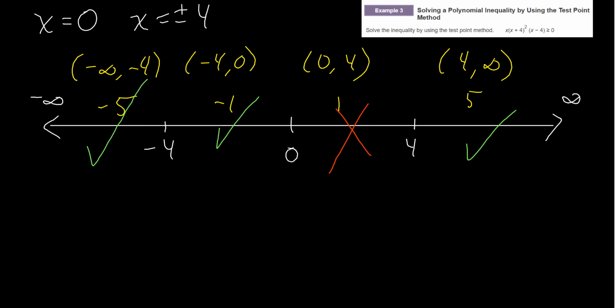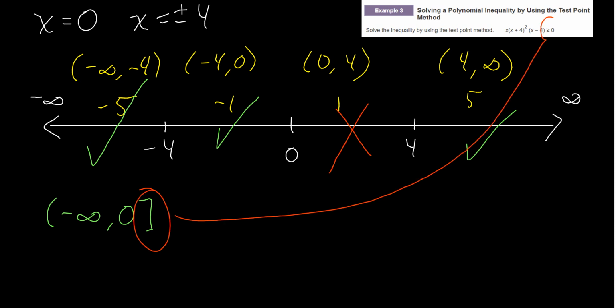So in interval notation, this is pretty obvious, but notice how these two intervals work, so we can combine those two intervals together. We can say from negative infinity to 0, and we include 0 because, if you recall, you put the bracket there when you have an or equal to sign.